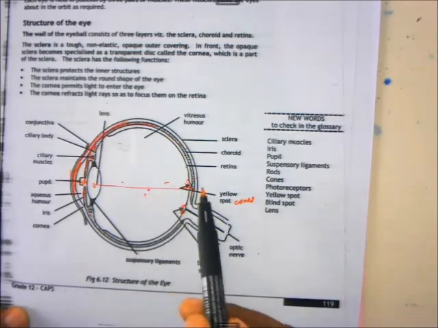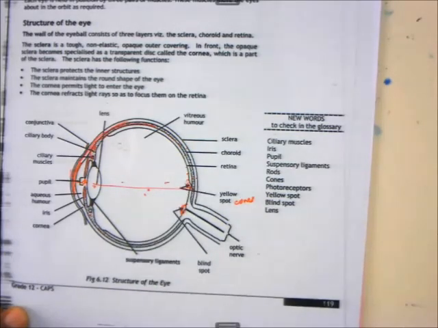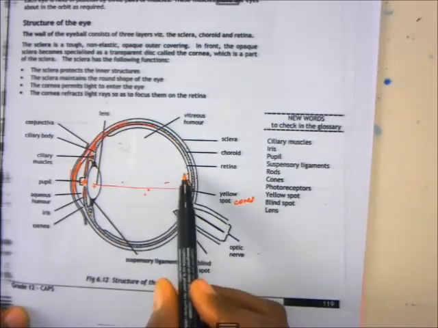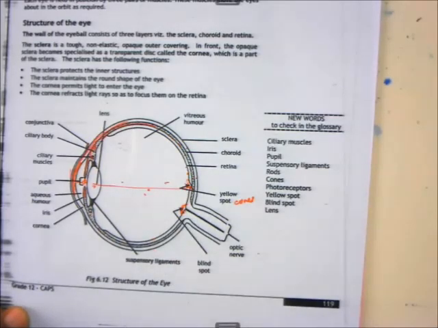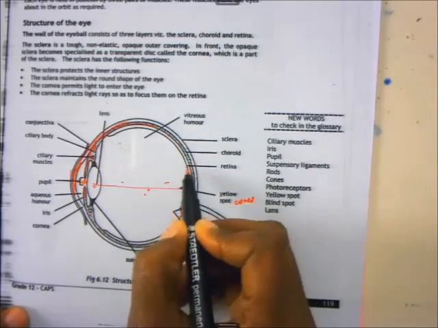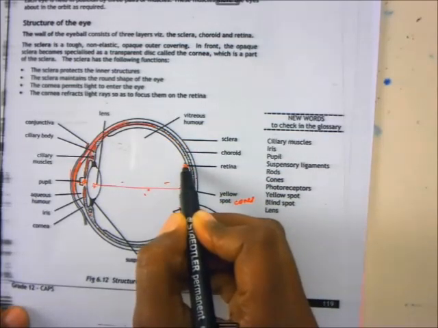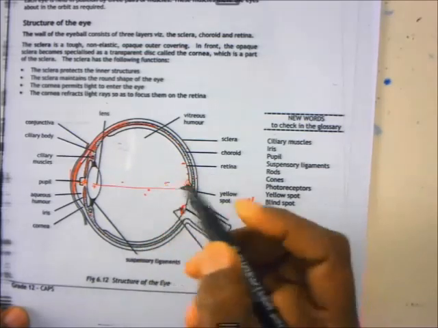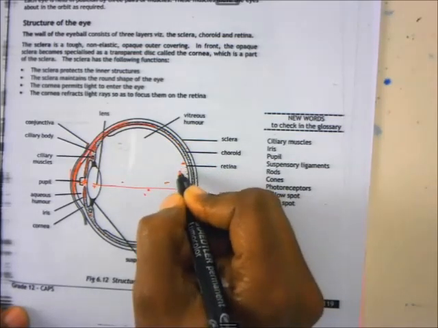From the vitreous humor, it will be to the retina. Remember that in the retina, there are rods and cones that I said play a role in converting a light stimulus into what? Into an impulse. So now, the image of the object that you are looking at here at the retina, the image of the object is what? It's inverted.